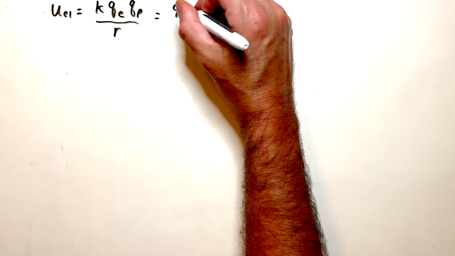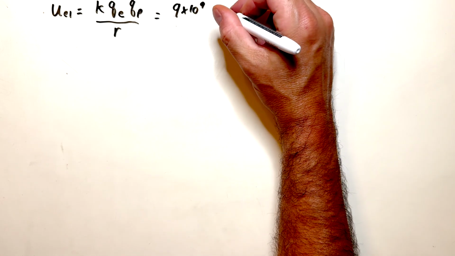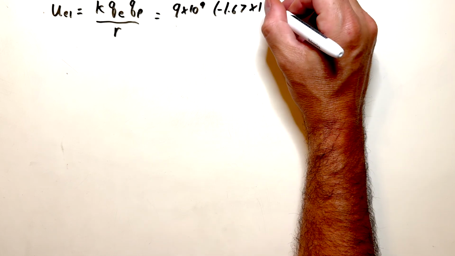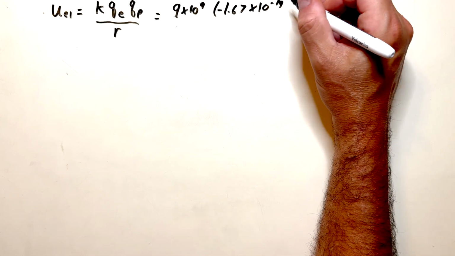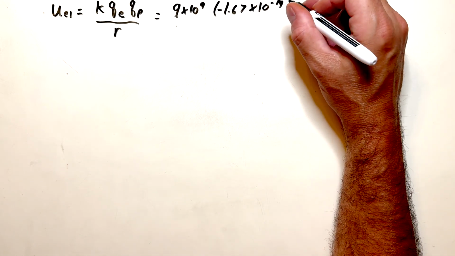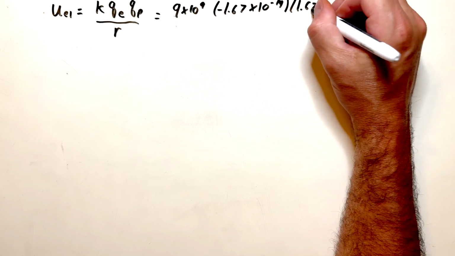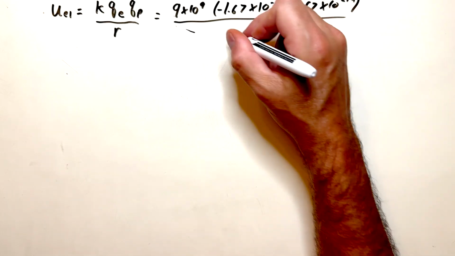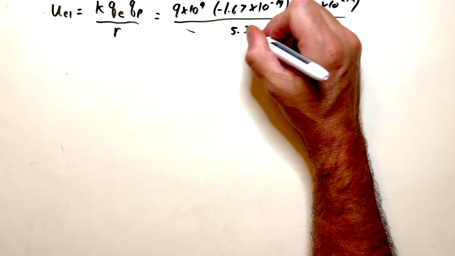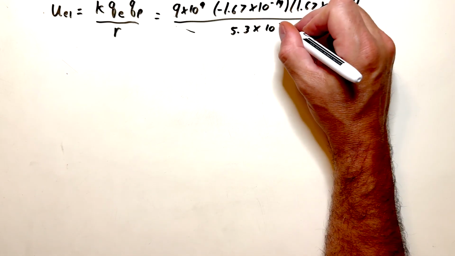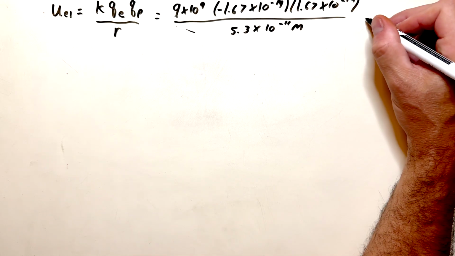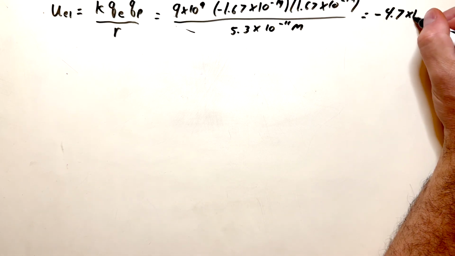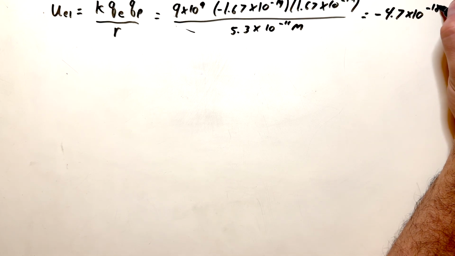So plugging in the values, we get 9 times 10 to the 9 times minus 1.67 times 10 to the minus 19, and that's of course coulombs, times 1.67 times 10 to the minus 19 coulombs again, all divided by 5.3 times 10 to the minus 11 meters. And if we plug that into our calculator, what we get is minus 4.7 times 10 to the minus 18 joules.